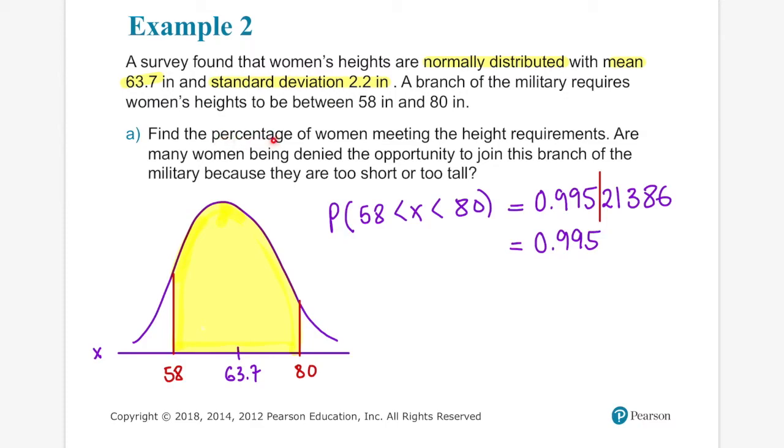And the question was asking for percentage, so I will convert this into percent. So it's about 99.5% of women meet the requirement. Are many women being denied the opportunity to join this branch because they are too short or too tall? No, because the probability of women who meet the requirements is very high.